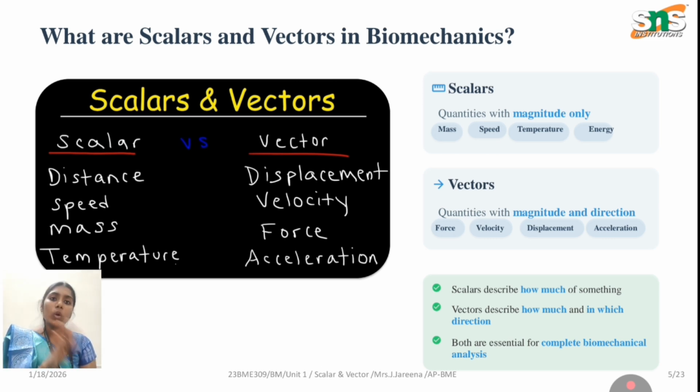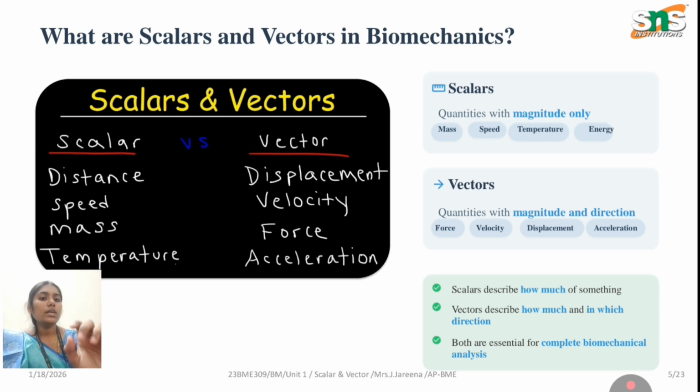If you are saying it along with direction, that is magnitude and direction, then it is called a vector. The examples for vectors are displacement, velocity, force, and acceleration, because these have both magnitude and direction. Whereas a scalar just says how much of it. Okay, it doesn't have any direction, whether positive or negative direction, so it is called a scalar.